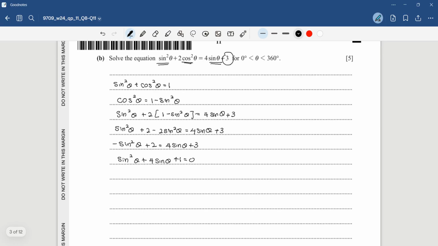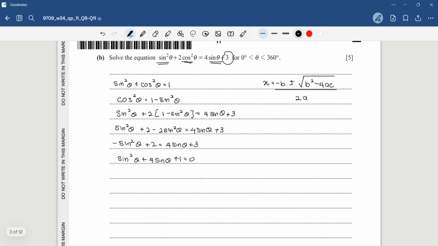We cannot factorize this easily, so we're going to use the quadratic formula. If you still remember, x equals negative b plus or minus square root of b square minus 4ac, over 2a.